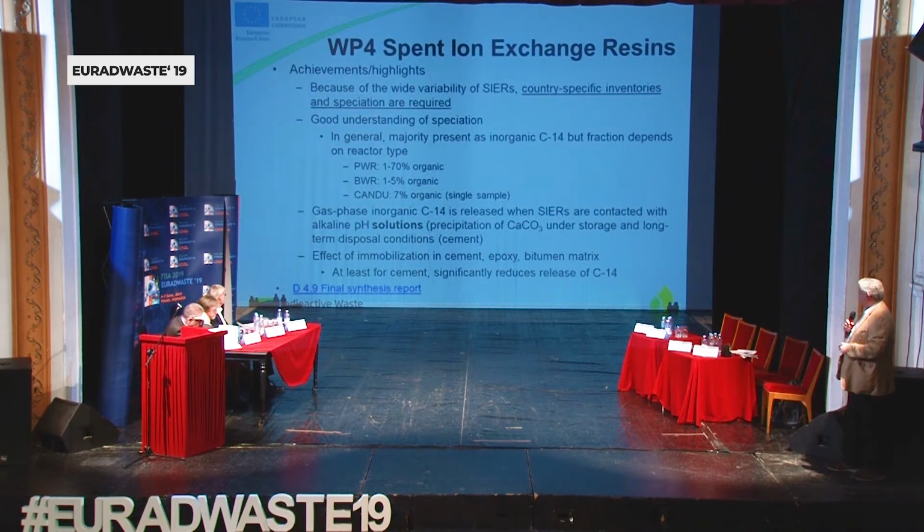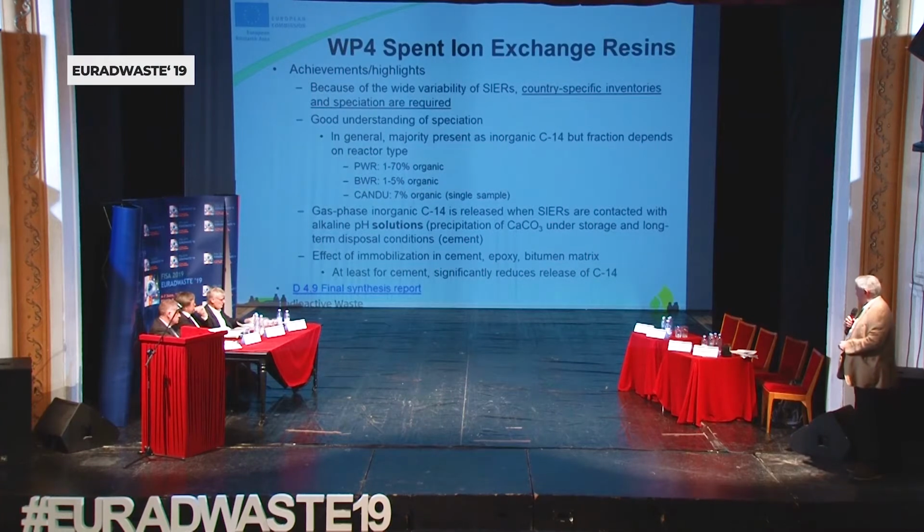There's a good understanding of speciation in general, and in general the majority of carbon-14 present is inorganic, but the fractions depend on reactor type, so you can get quite a big variation depending on the reactor type, and also depending on the history of the spent ion exchange resin investigated. And again, there's a synthesis report for a one-stop shop.